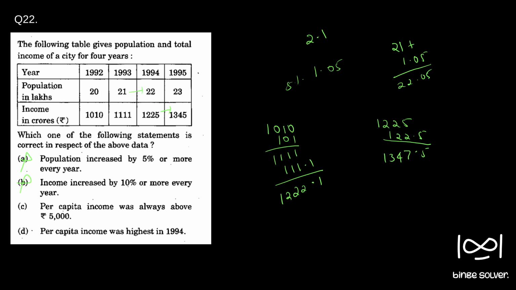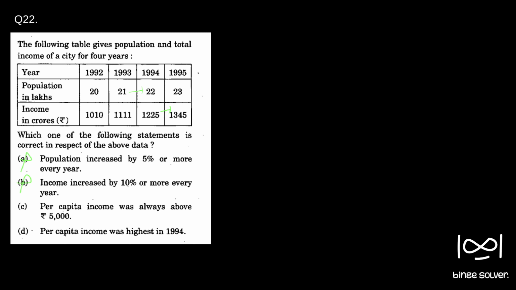So we will have to check whether option C is correct. I'll just remove all this. Now we have to check option C: per capita income was always above 5,000. To check that, we have to divide the income by the population.